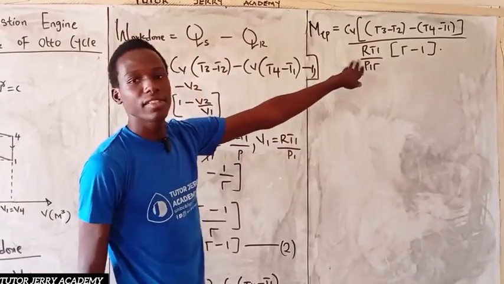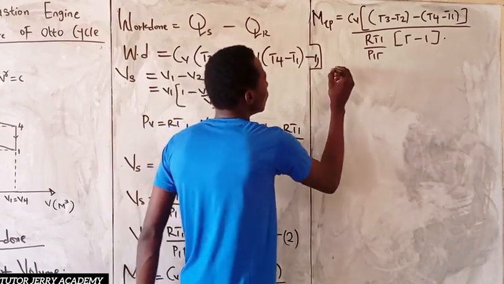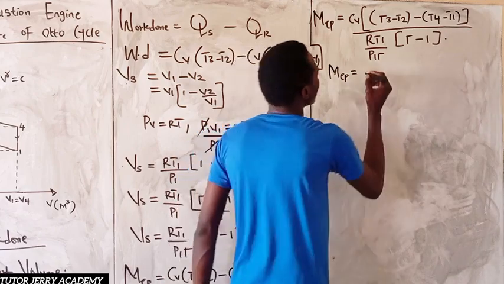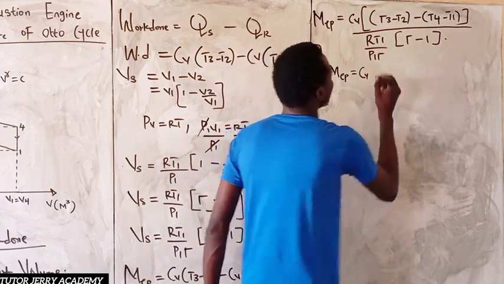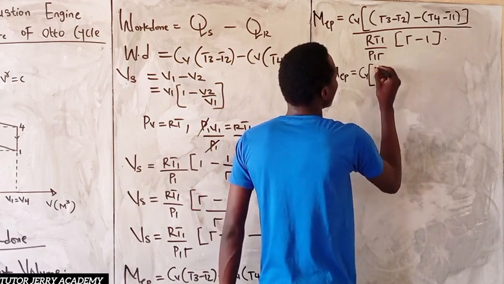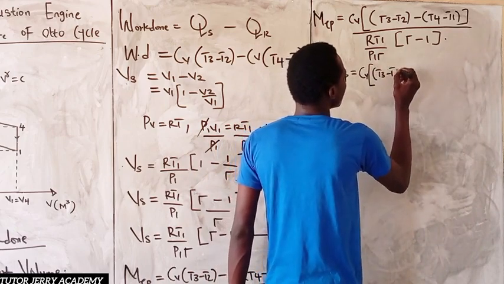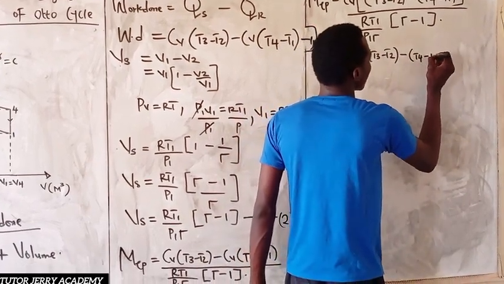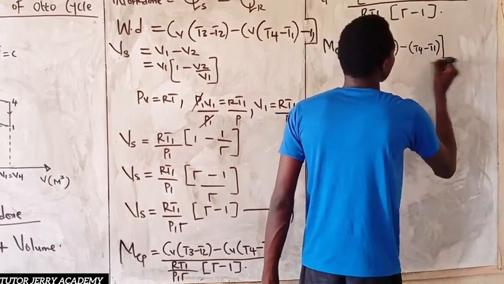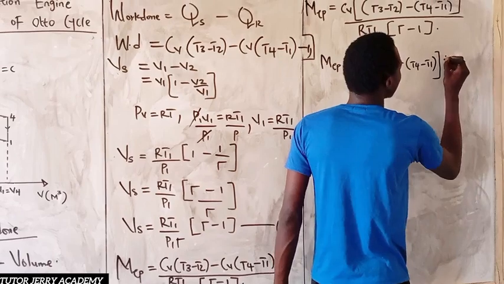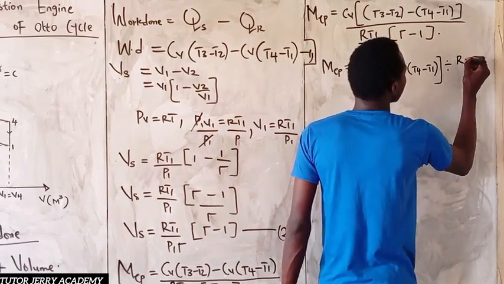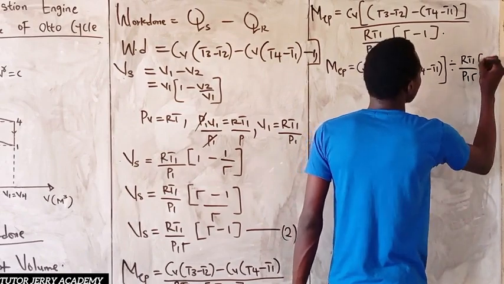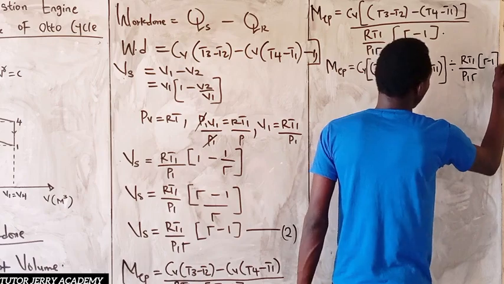Now I can further rewrite this: the mean effective pressure is equal to CV into the bracket of T3 minus T2 minus the bracket of T4 minus T1, close bracket. This will be dividing, of course, RT1 all over P1 compression ratio into the bracket of compression ratio minus 1.